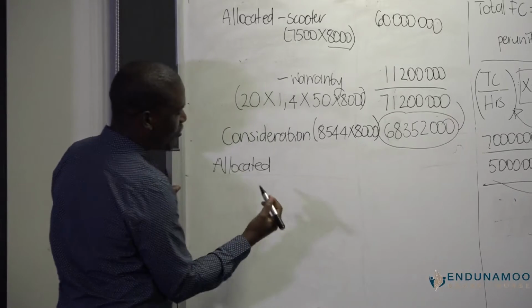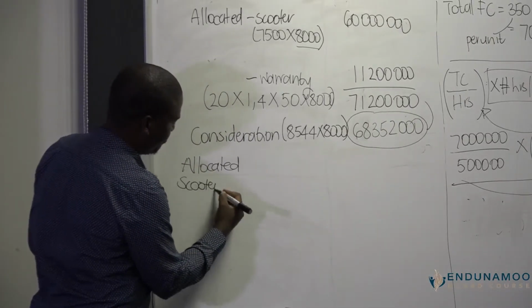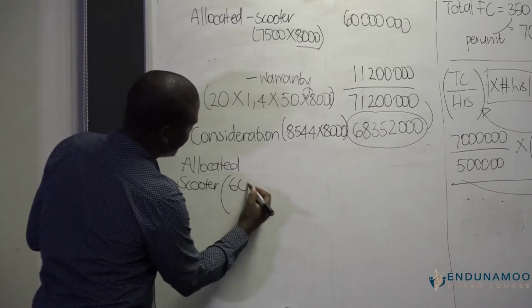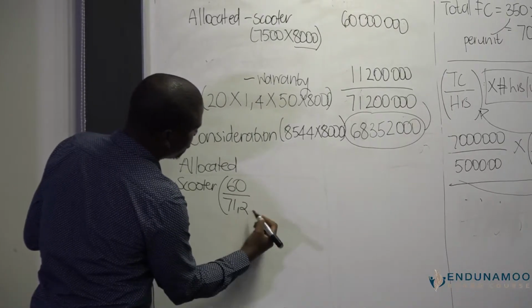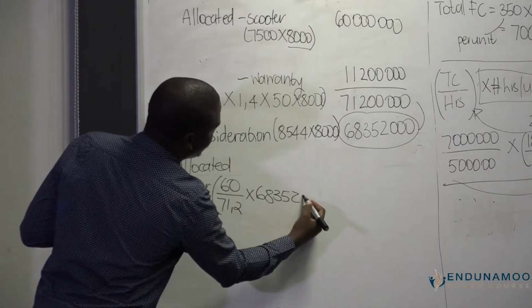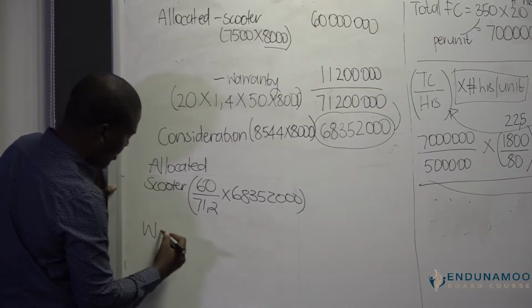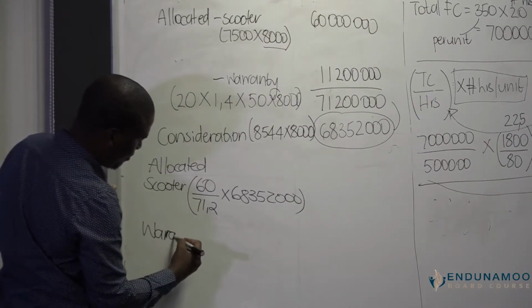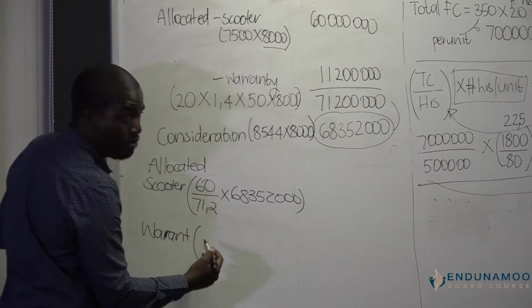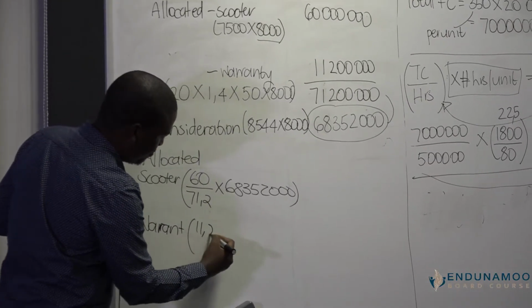You'll say 60 divided by 71.2, multiplied by 68,352 million. Okay? And how much will be allocated to the warranty? It'll be 11.2 divided by 71.2.